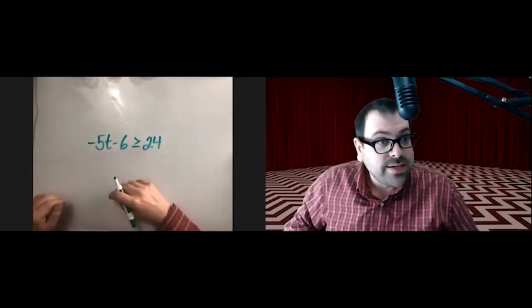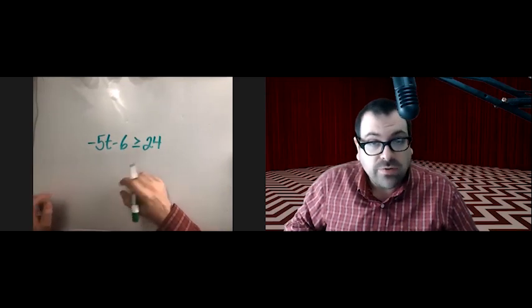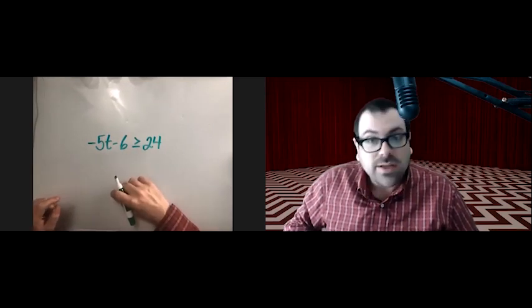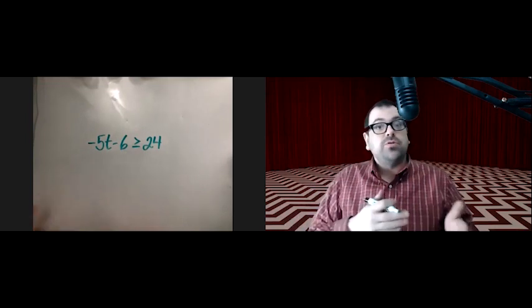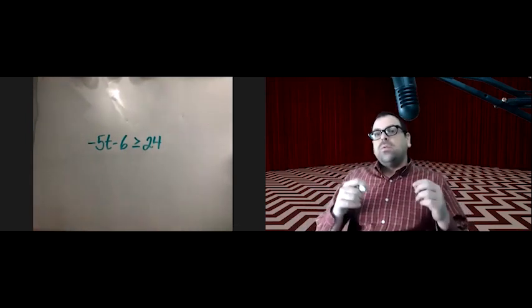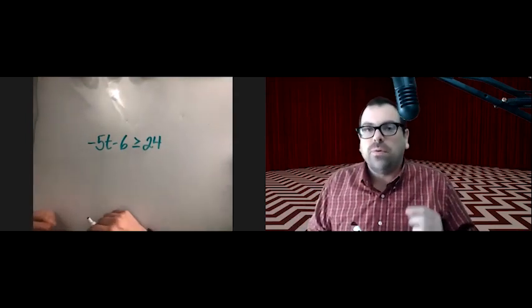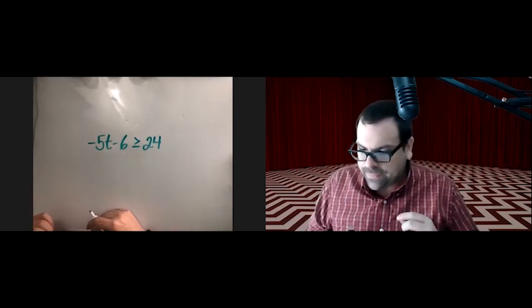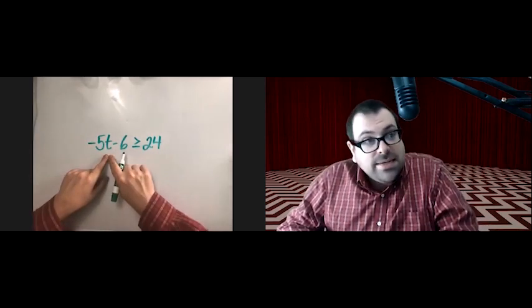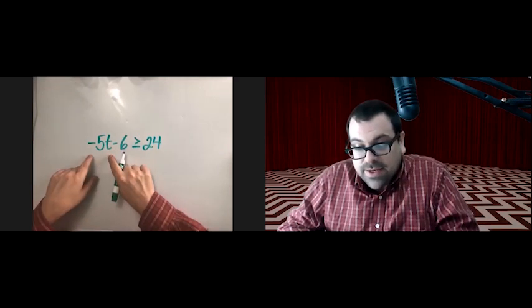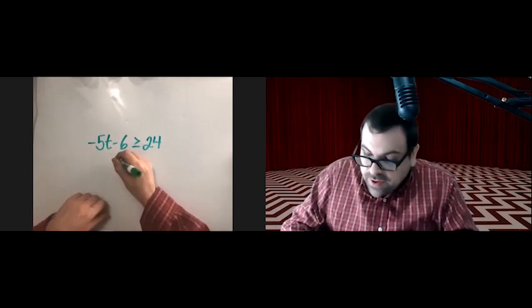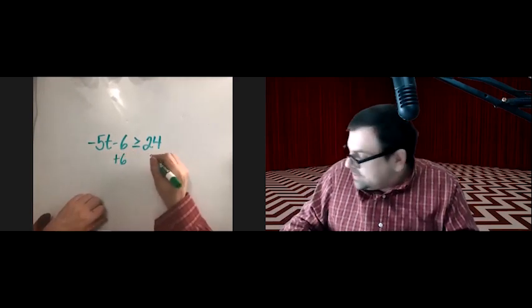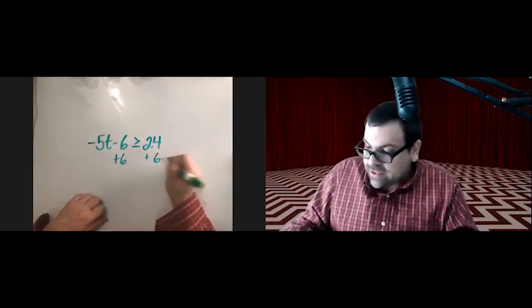Let's not do anything differently than normal solving of a linear equation until we run into a step, which may or may not happen, where we multiply by a negative or divide by a negative. To get the t by itself, we've got to get the -5t by itself. We've got to add 6 to both sides.